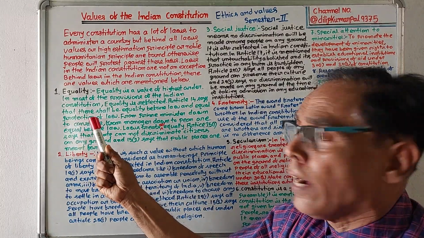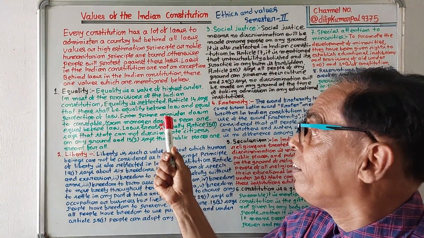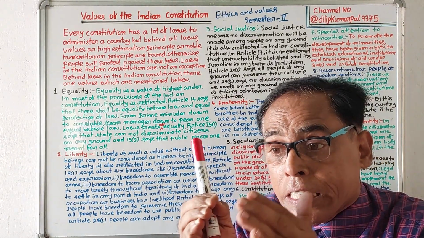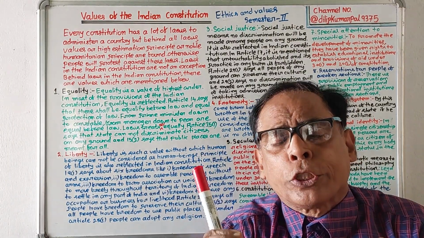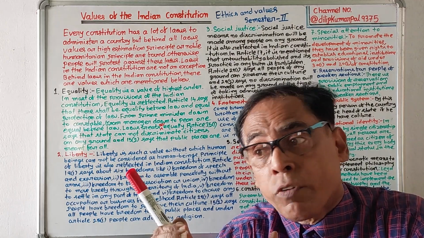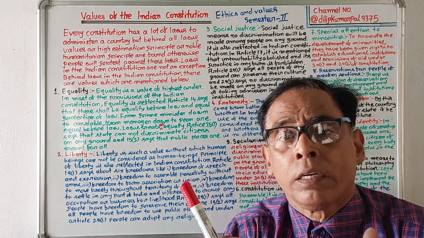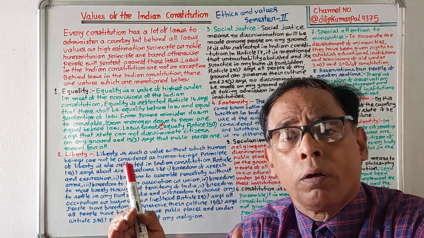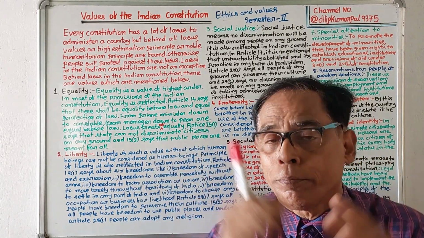Article 14 says that there shall be equality before law and equal protection of law. There shall be equality before law, means before law all are equal.